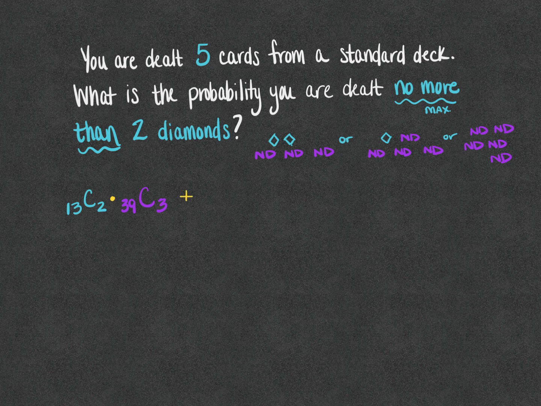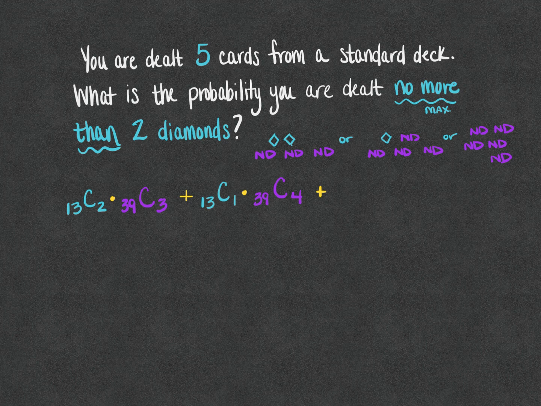Or maybe I have 1 diamond in my hand. Again, in the deck there are 13 diamonds altogether. I have 1 in my hand, and along with that, I would have 4 cards that are not diamonds. So of the 39 cards that are not diamonds, I would be choosing 4 of them.